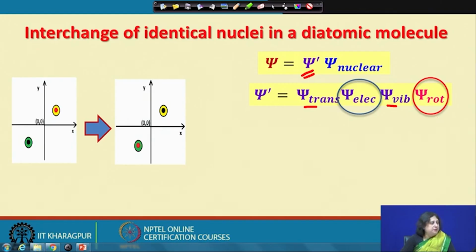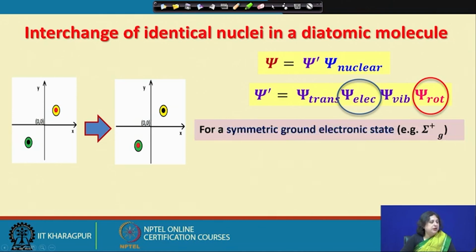Now, as I have already mentioned, in most of the cases psi electronic is a symmetric ground electronic state, which remains unchanged with respect to inversion through the center.